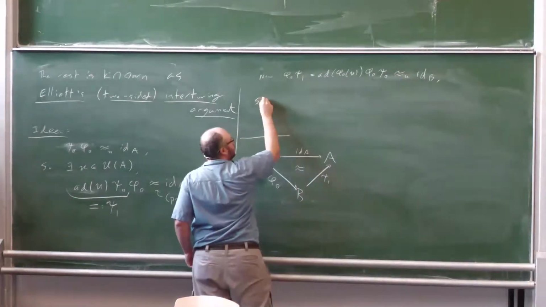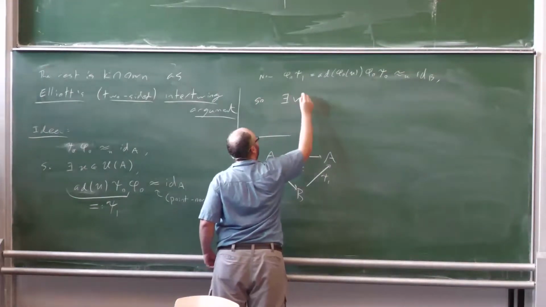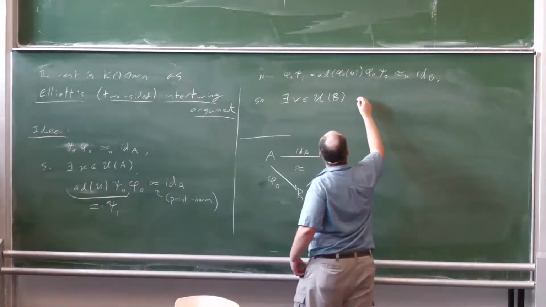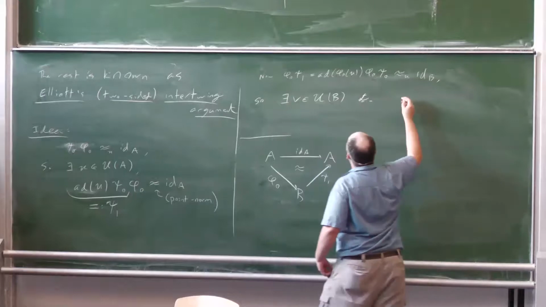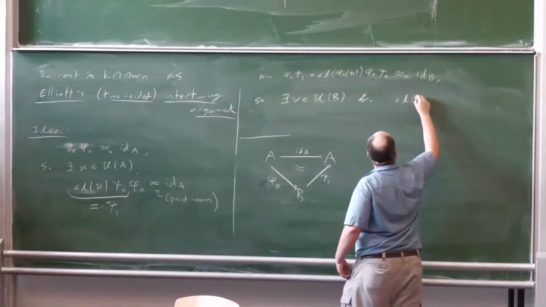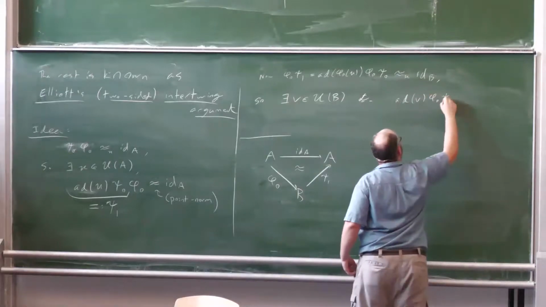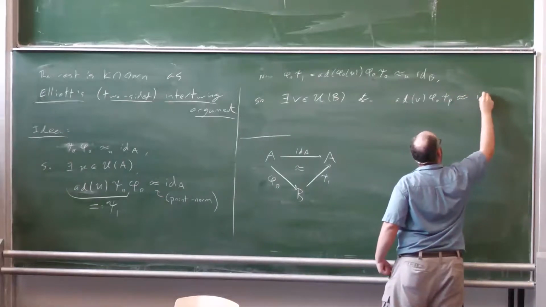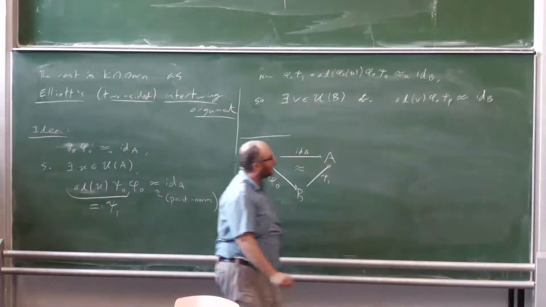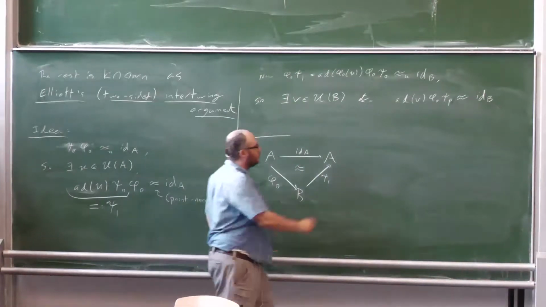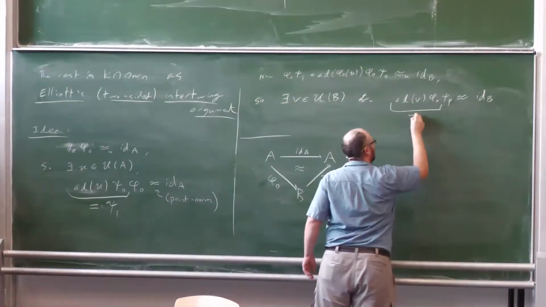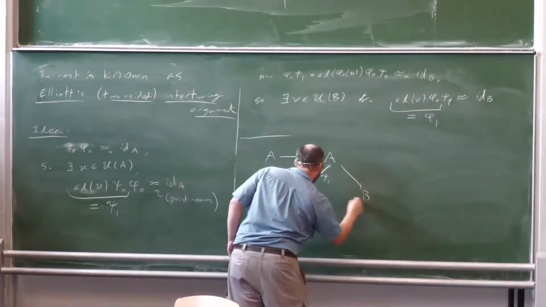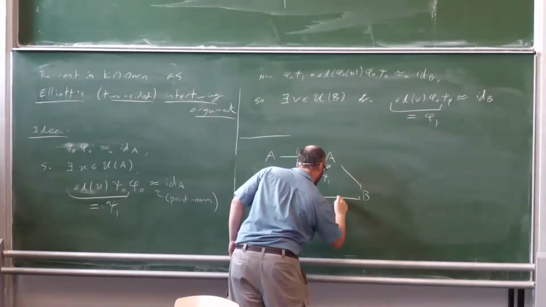So I can play the same game. There exists some V in the unitary group of B, so that I can conjugate phi naught psi 1 close to the identity on some finite set. That map is then called P1, and it fits in the picture here.